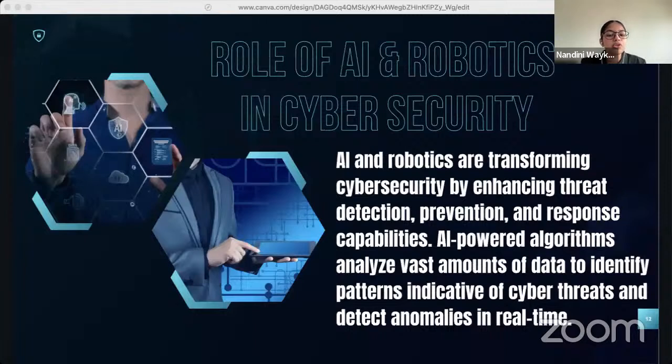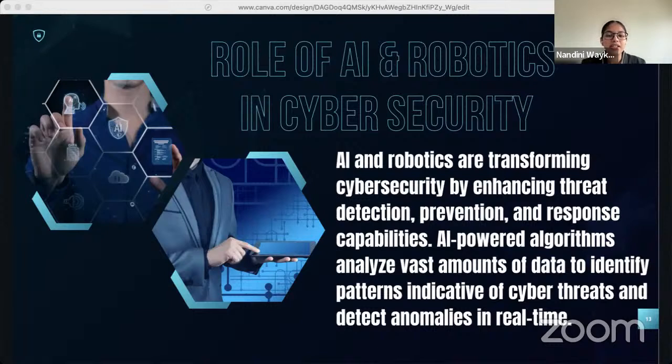So, the role of AI and robotics in cybersecurity. AI and robotics are transforming cybersecurity by enhancing threat detection, prevention, and response capabilities.